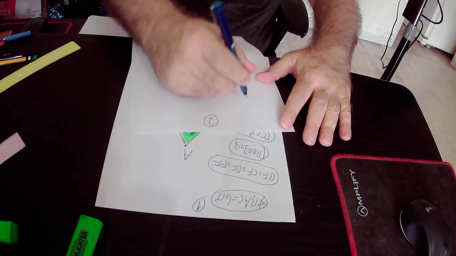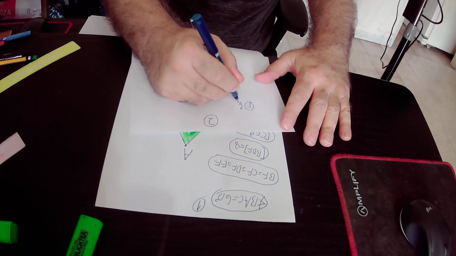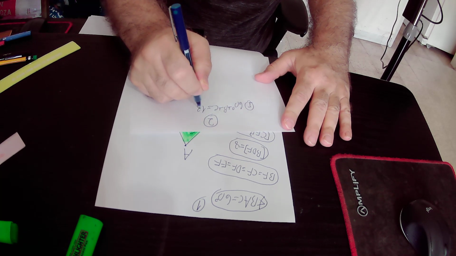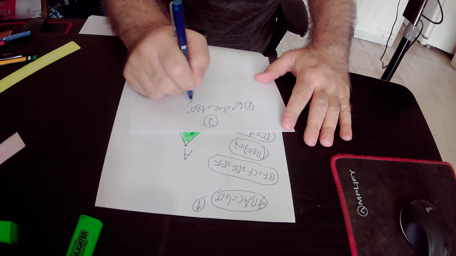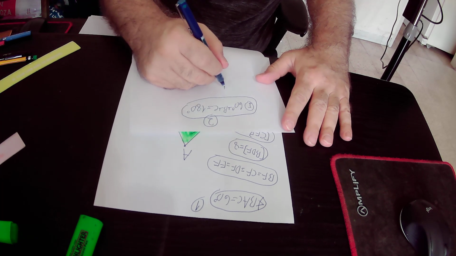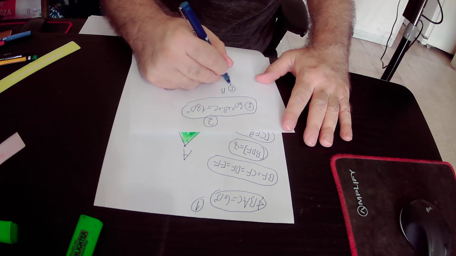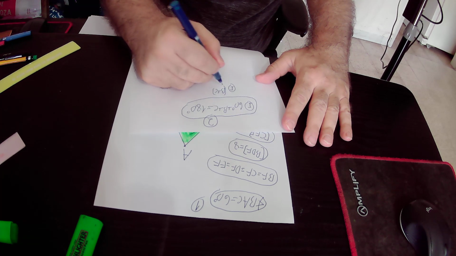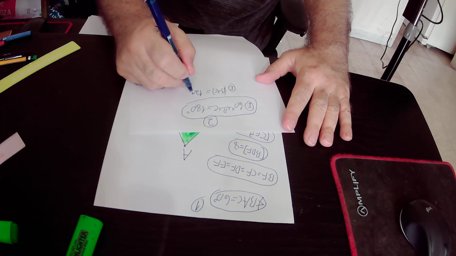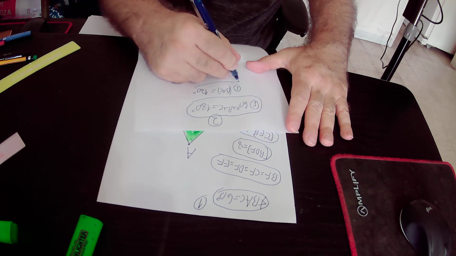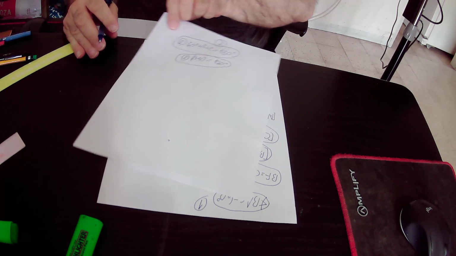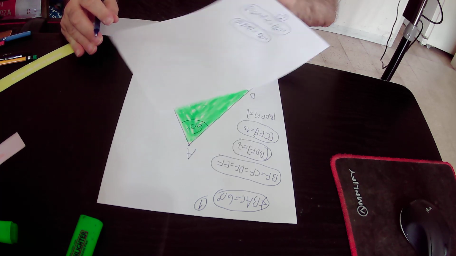So we subtract 60 degrees, and we get that B plus C equals 180 degrees minus 60 degrees, which is 120 degrees. Equation number 1 states that B plus C equals 120 degrees.